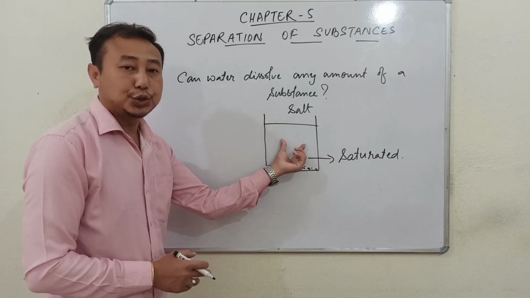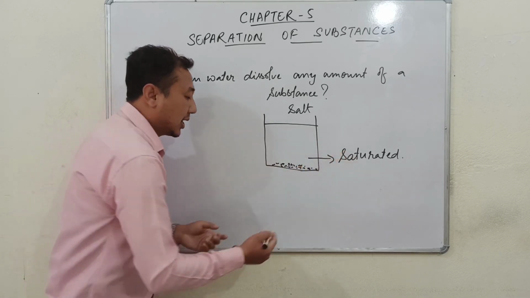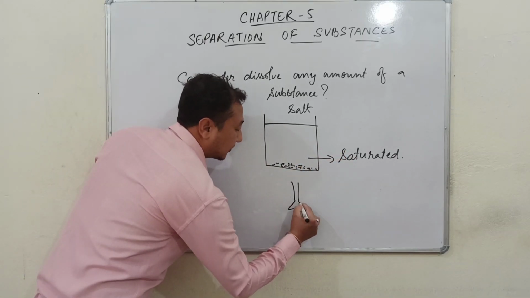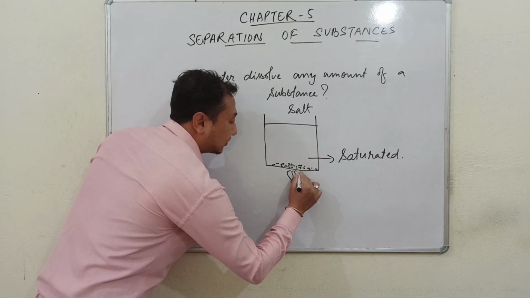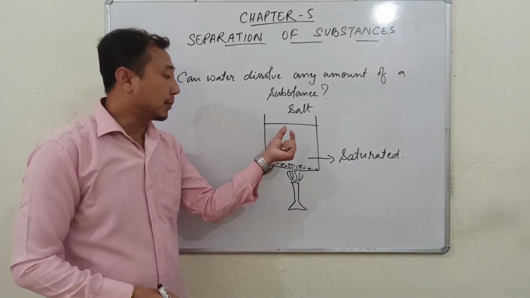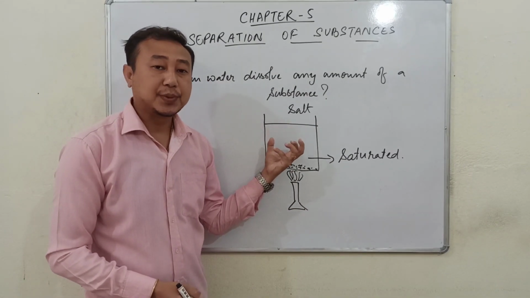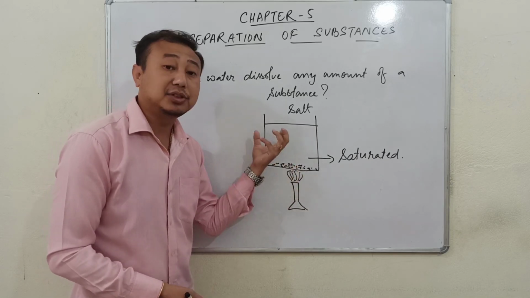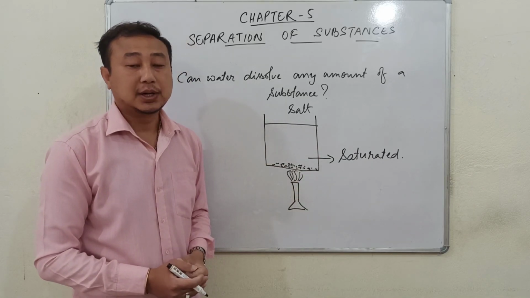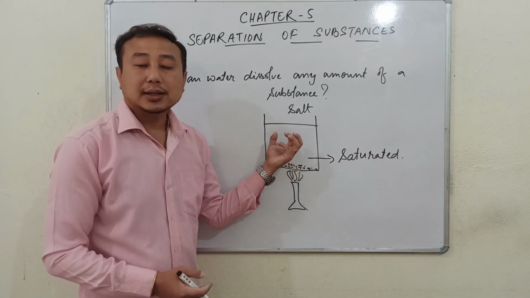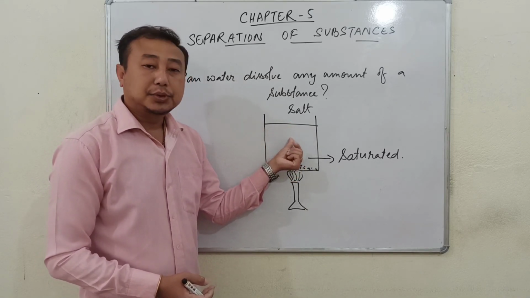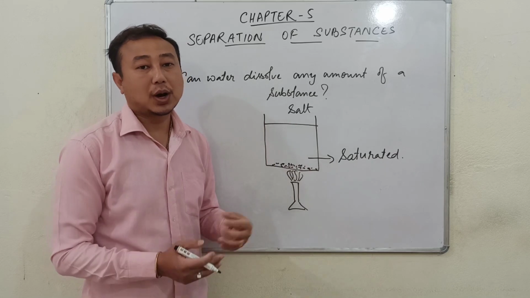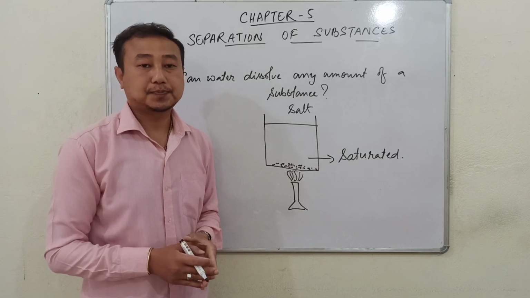If we apply heat energy, then the temperature of this solution will increase. During that time, slowly this undissolved solid will get dissolved in this solution. So, with the increase in the temperature, the rate of dissolving the solid in water can be increased.